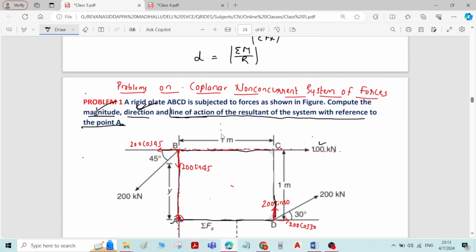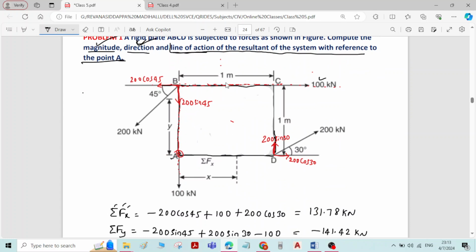Okay. So remember like this: if the force is horizontal, distance will be vertical. If the force is vertical, distance will be horizontal. And if the point lies in the line of action, distance will be 0. Like this you can remember. See here, 200 cos 45 is horizontal and distance will be vertical. The distance of point A from the line of action of 200 cos 45 will be vertical, that is 1 meter.